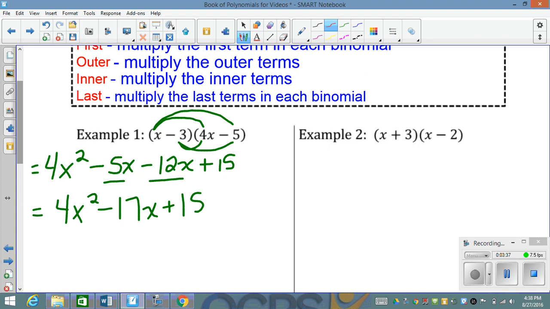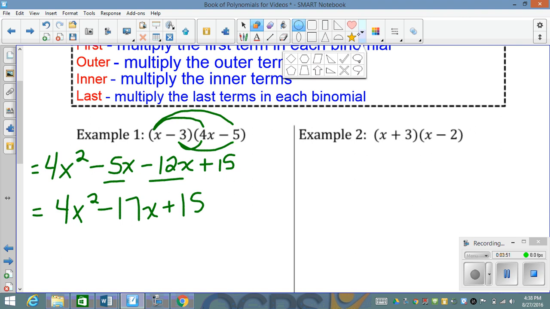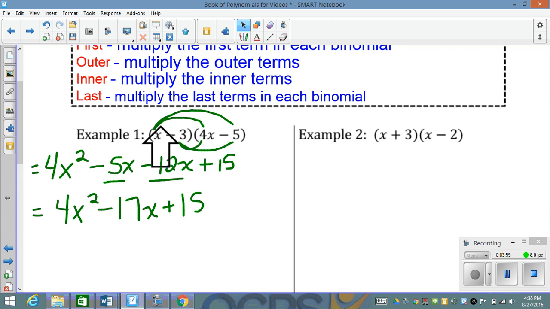And actually, before we move to example 2, I want to make sure you realize that this really is just the distributive property used several times. So let me get an arrow here. So ready? Here we go. So here, this and this are us distributing the x.